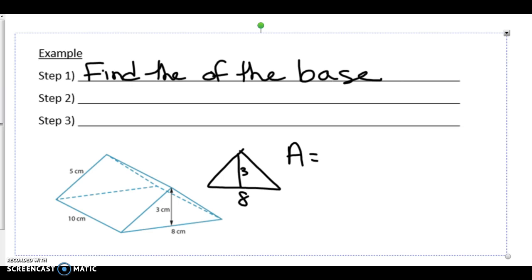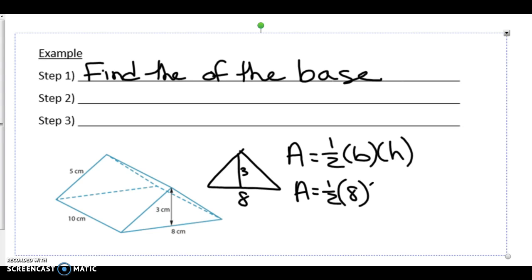Remember the equation for the area of a triangle? 1/2 the base times the height. So now I'm going to plug in these numbers. 1/2 of the base, which is 8, times the height, which is 3. If I multiply all of this together, 8 times 3 gives me 24. Half of 24 is 12.